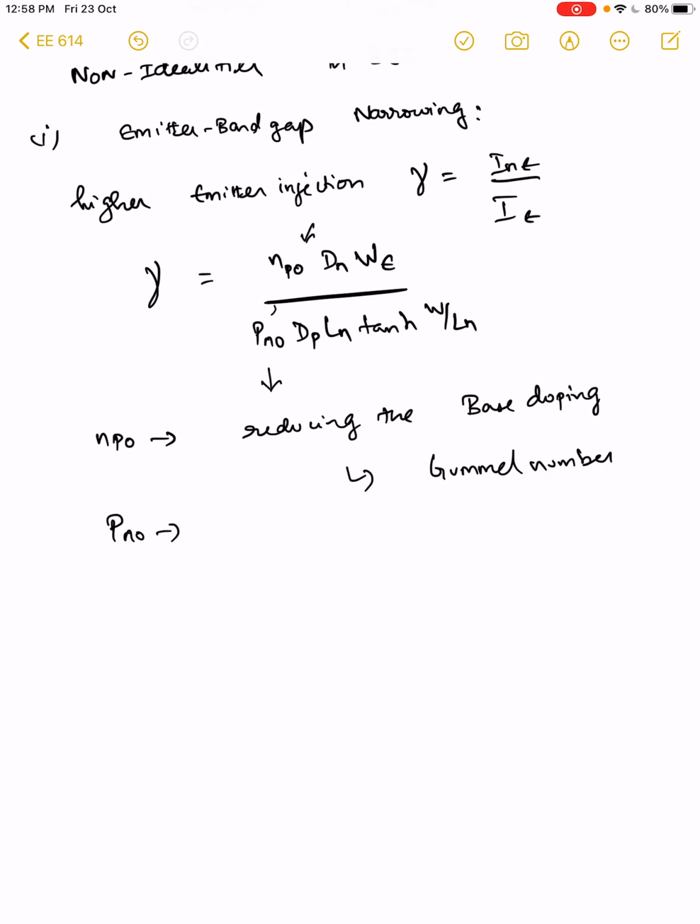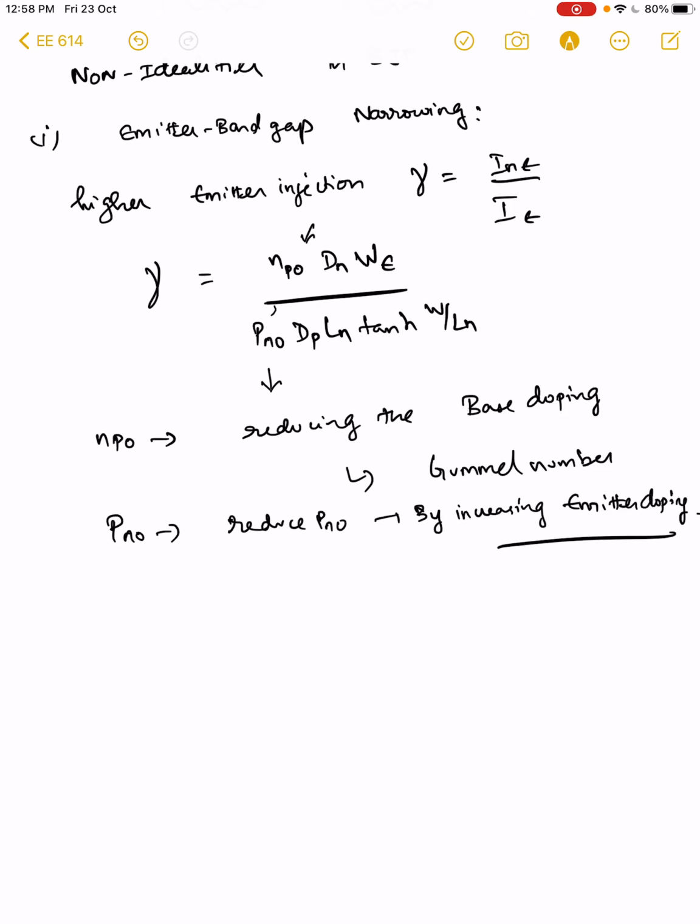How do you reduce Pn naught? By increasing the emitter doping density, right? We can reduce Pn naught, that is the hole density in the emitter, n-type emitter. So we can reduce Pn by increasing emitter doping.